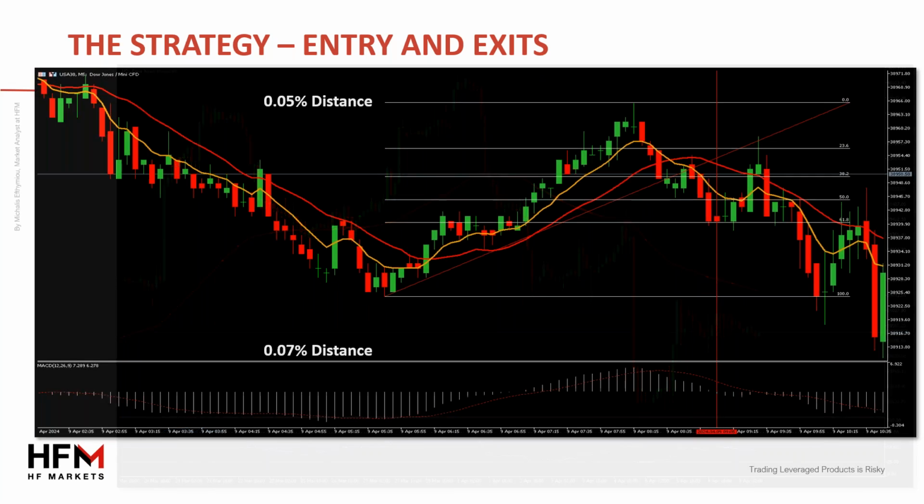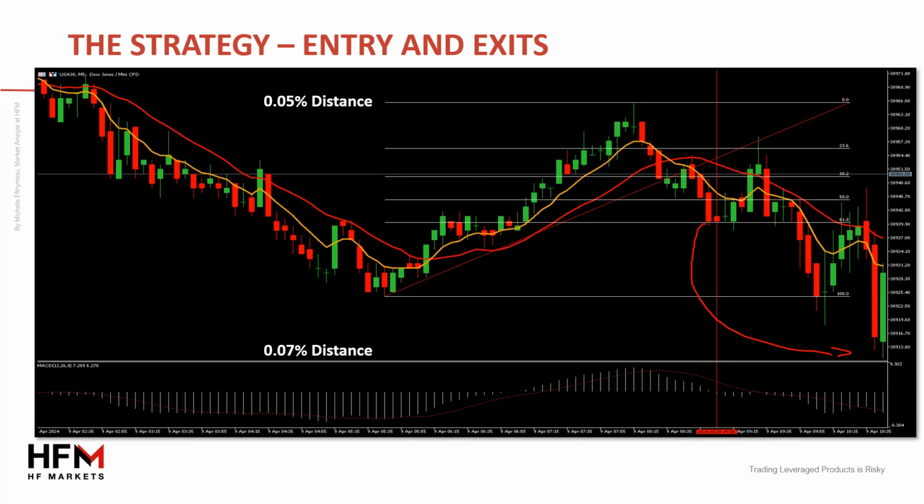On the 5 minutes, we've got 2 moving averages, which is the red and the yellow. The red is an 18 bar simple moving average, and the yellow is an 8 exponential moving average. So hopefully that answers everybody's questions as well.